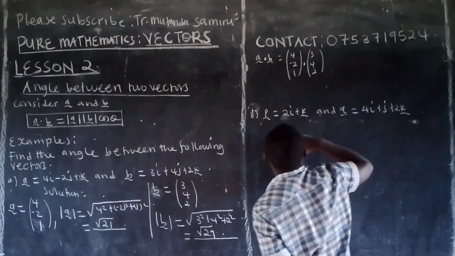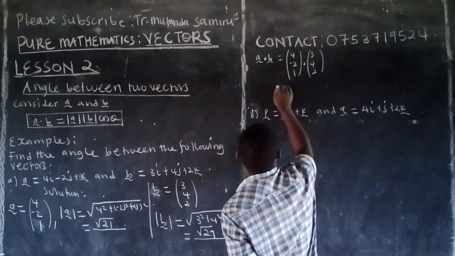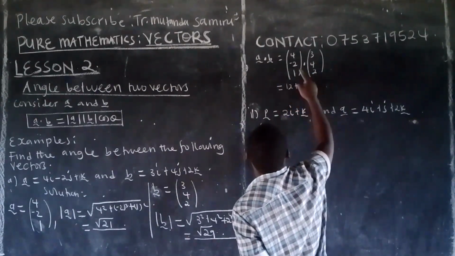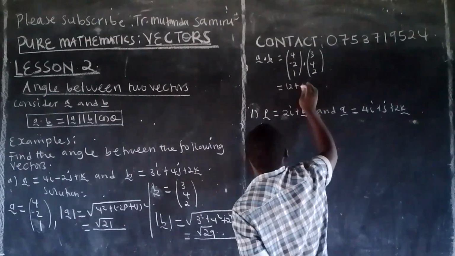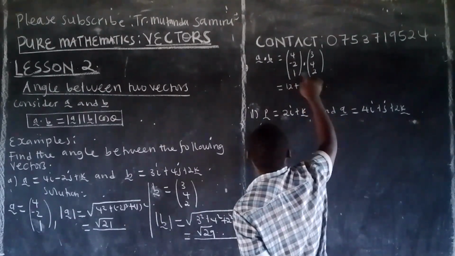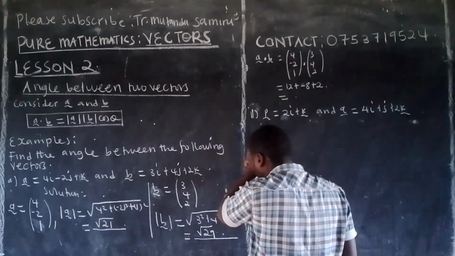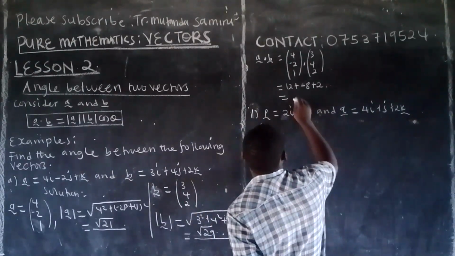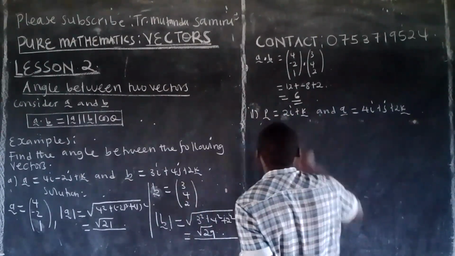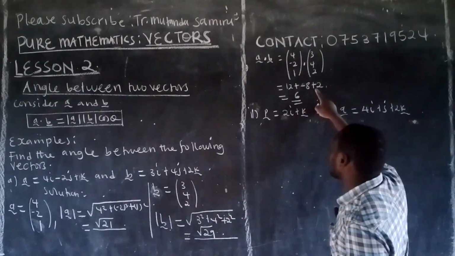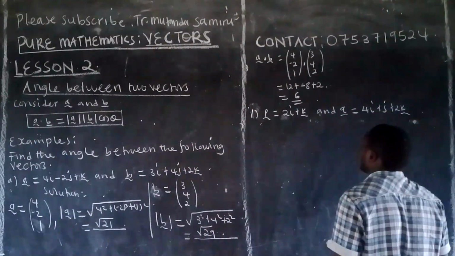Okay, let's go about the dotting. When you dot, what shall we have in the end? 4 times 3 will be 12, plus negative 2 times 4 will be negative 8, plus 1 times 2 is 2. I think the answer will be 6. You can also prove that.